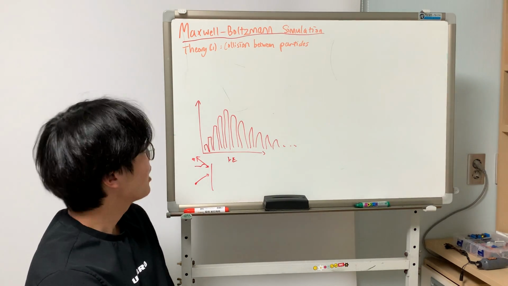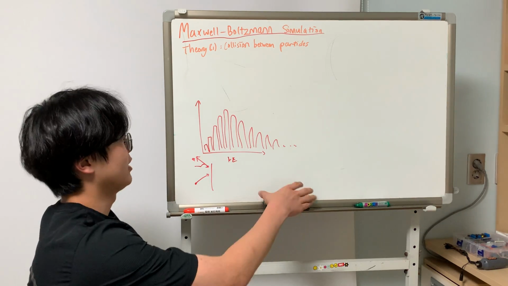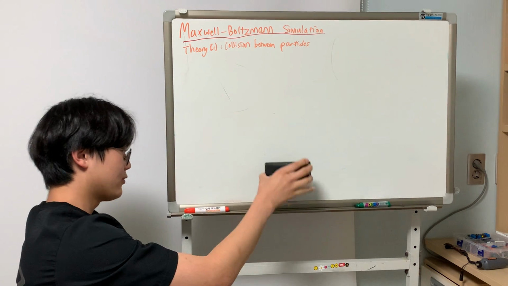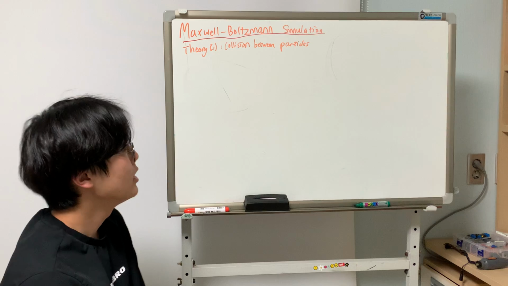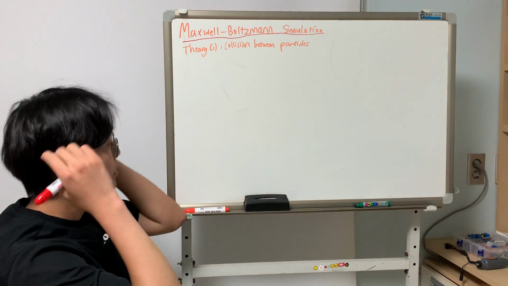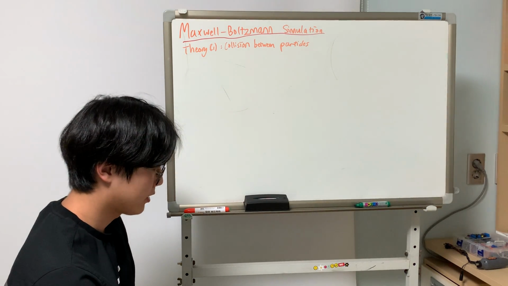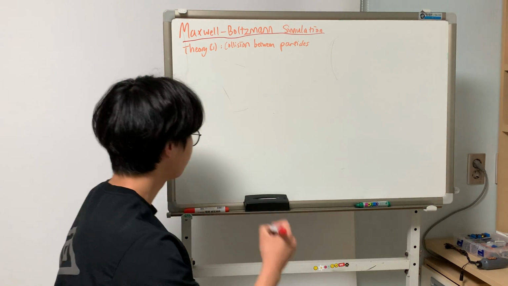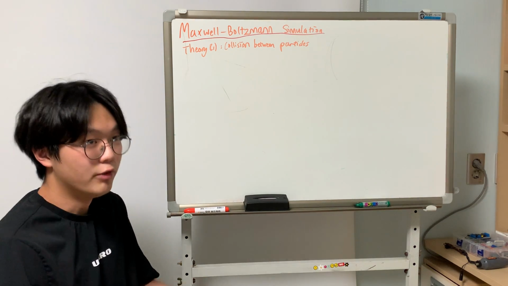But when it comes down to collisions between particles, it's much more complicated. So the aim of today's video is to establish what happens when two particles collide with each other, with two particles of different mass. I'm also going to have to visualize what happens.